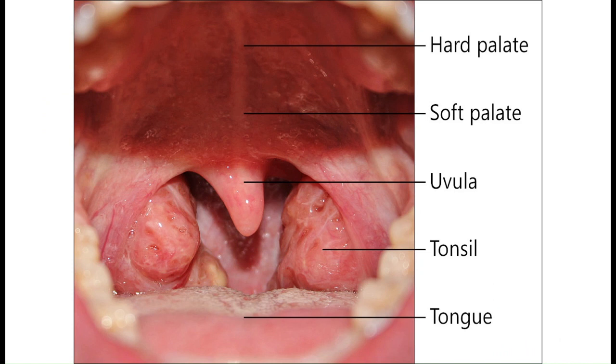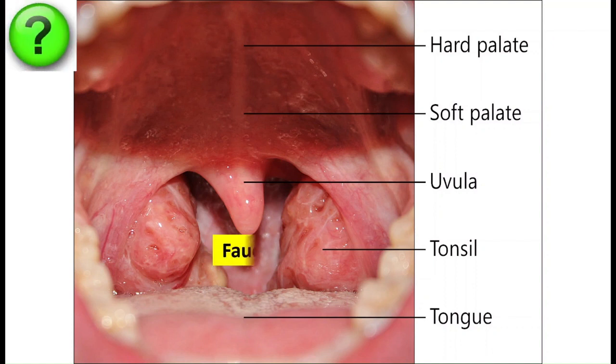Here is a closer view of the fauces, where you can see that the two palatine tonsils are large, coming from the tonsillar fossa, and you can see the anterior pillar on both sides, but you cannot see the posterior pillar of the soft palate.